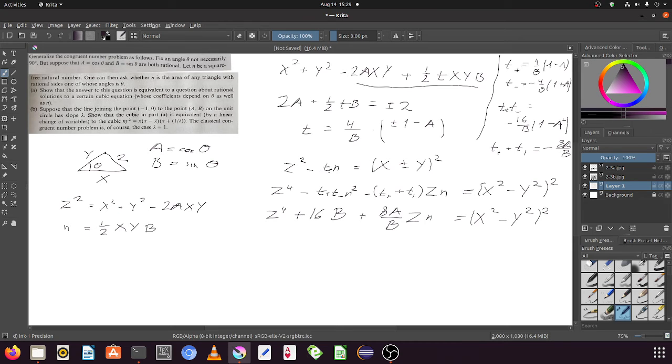Length to the second. Oh, it's z squared here. So we are right so far.